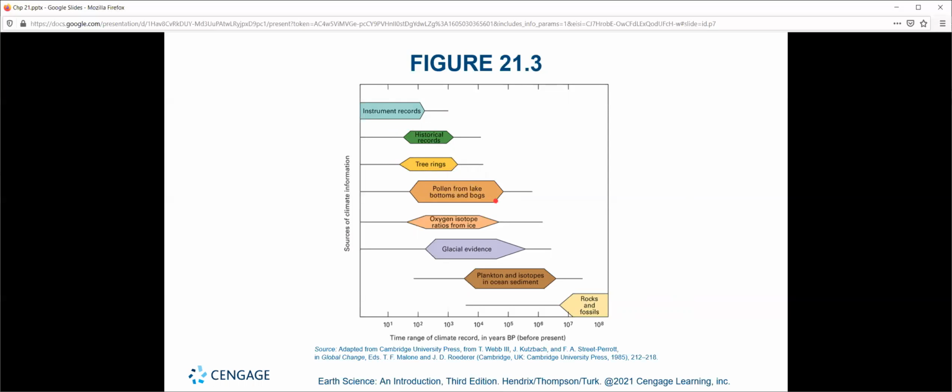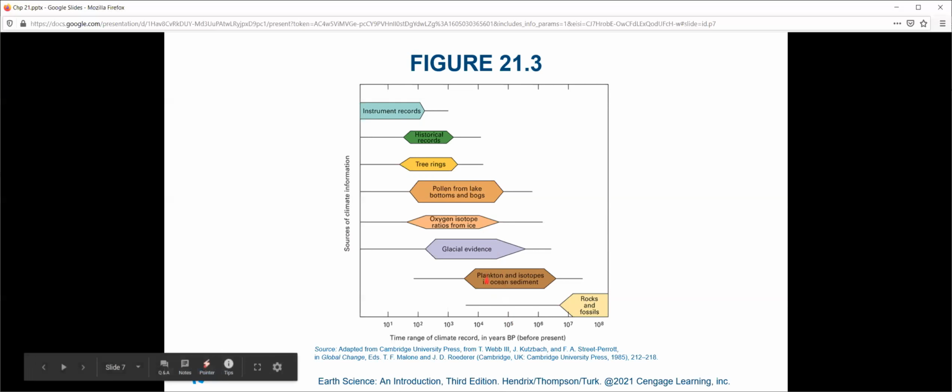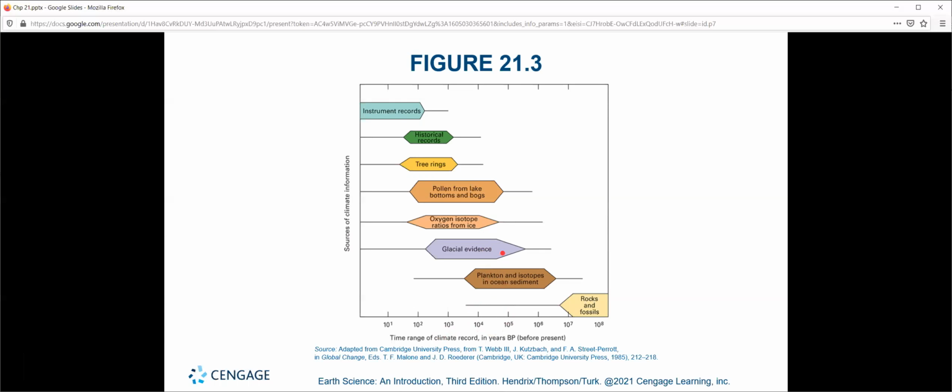We can also look at things such as pollen counts in lakes, oxygen isotope ratios in ice, ice core dating, if you will. Glacial evidence. Glaciers obviously grow in colder weather, right? We talked about that in previous chapters. And that can give us a clue into thousands, tens of thousands, hundreds of thousands, perhaps, of years of what the climate looked like.